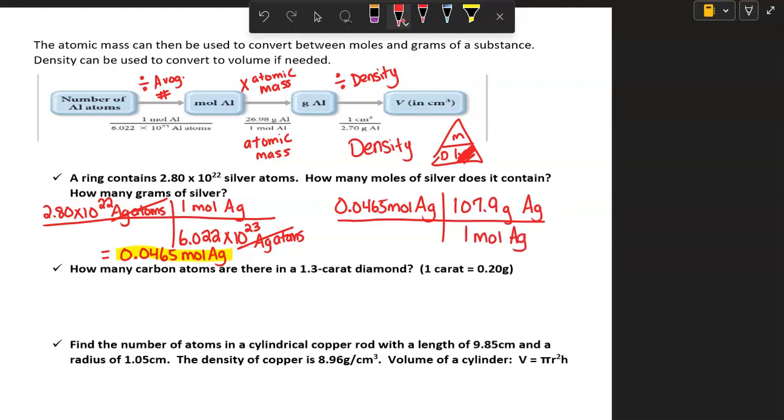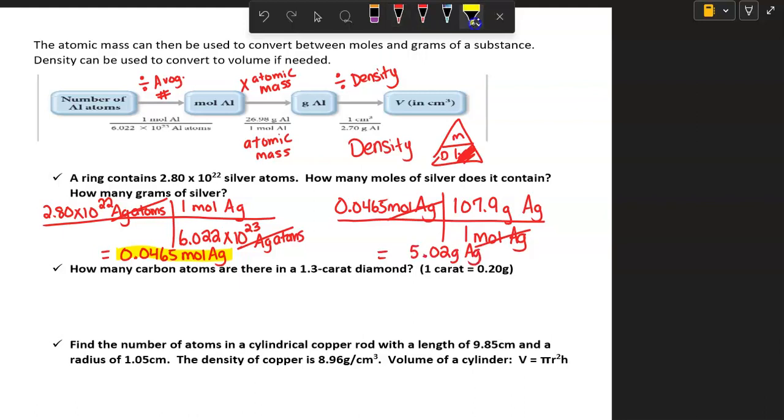So the atomic masses, we originally talked about them in terms of atomic mass units, but they are also the equivalent of the grams for 1 mole of those atoms. Okay? So when you're converting from moles to grams, you're going to multiply by that atomic mass and get rid of moles of silver. And it's going to be 5.02 grams of silver.